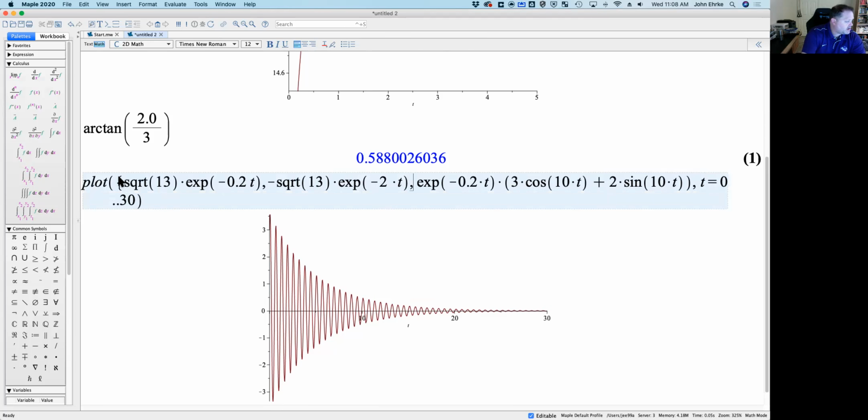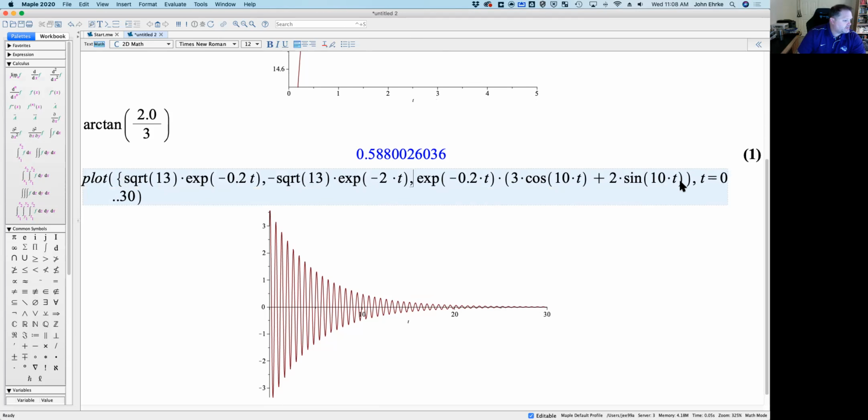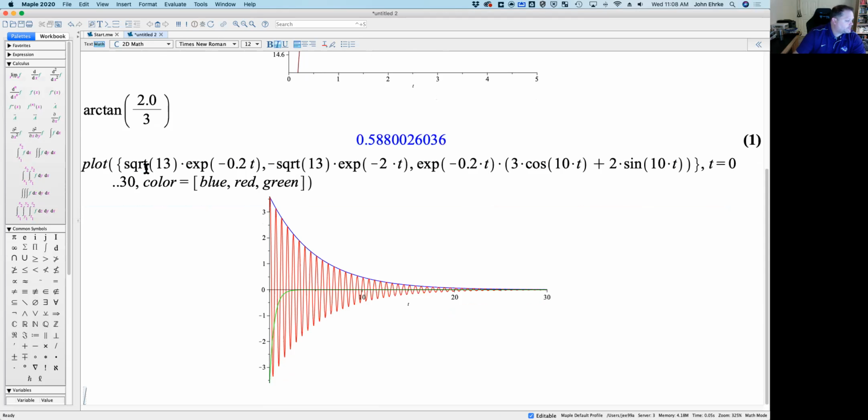So I'm going to plot all of these together with that original oscillation. And I'm going to give these different colors. Oh, 0.2, not 2, 0.2.